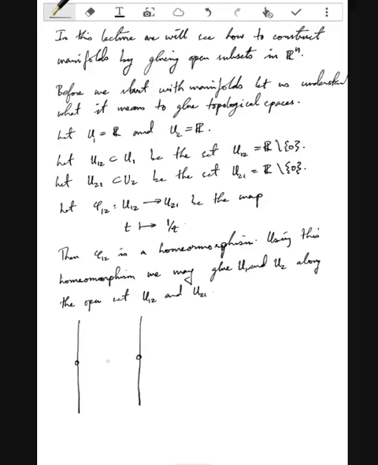On R minus 0 on both of these, I identify t with 1 upon t. So let's say this is my 1.